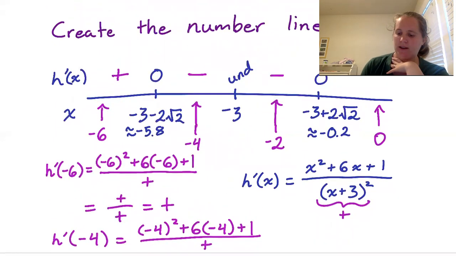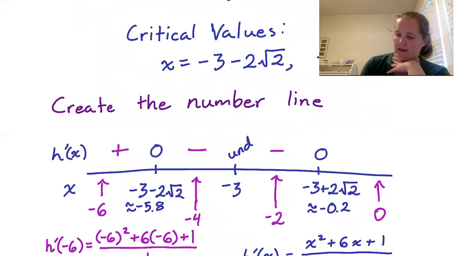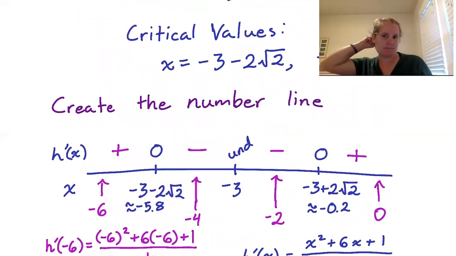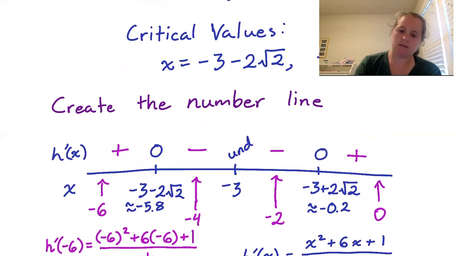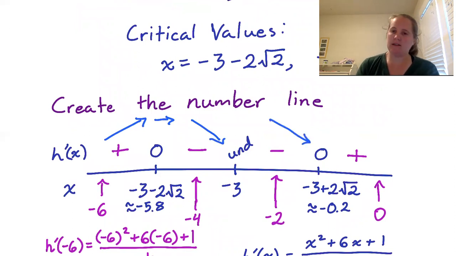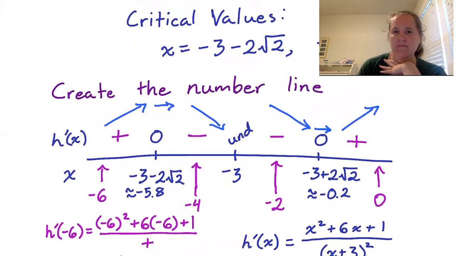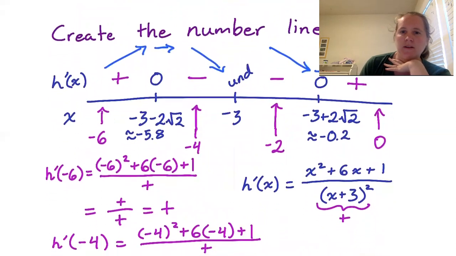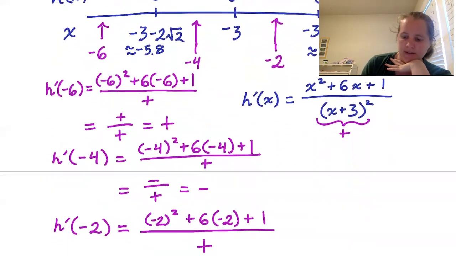So our number line now looks like this. And so we can go ahead and fill it in. We start off increasing, switch, go flat, switch to decreasing, have a break, stay decreasing, go flat, and then switch to increasing. So we're increasing on the two outsides.